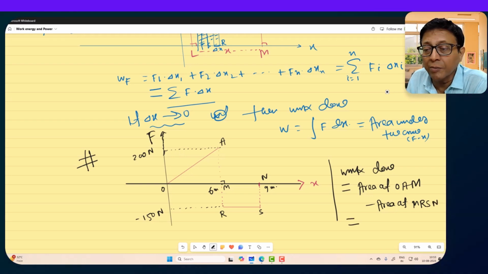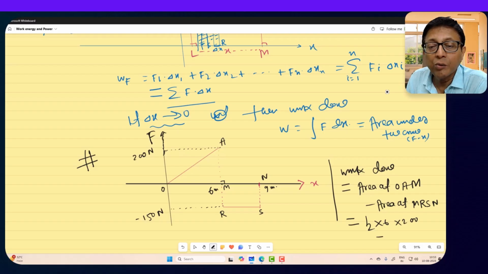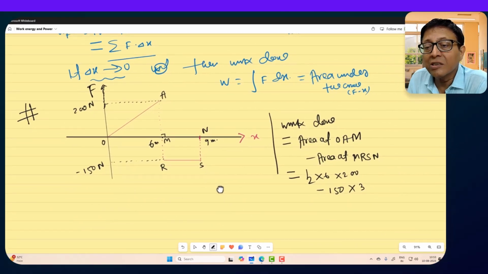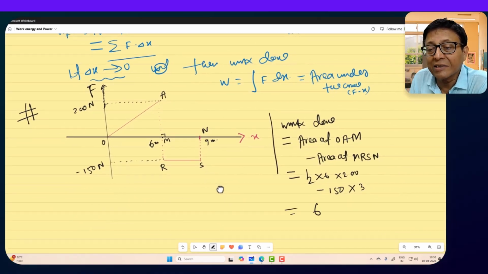Area of OAM will be half into 6 into 200. MRSN area will be 150 into 3. Hope you have understood. So this is going to be 600 minus 450 joules.